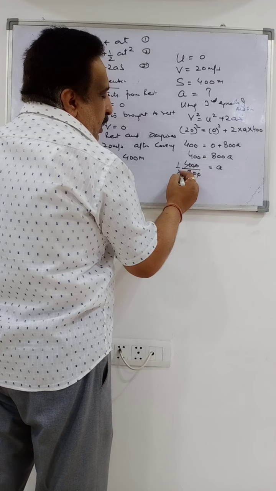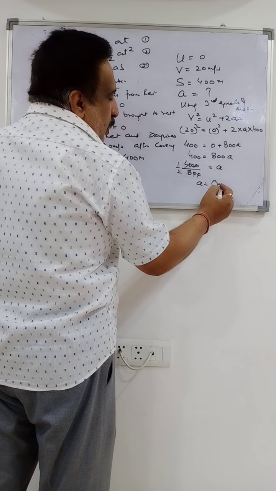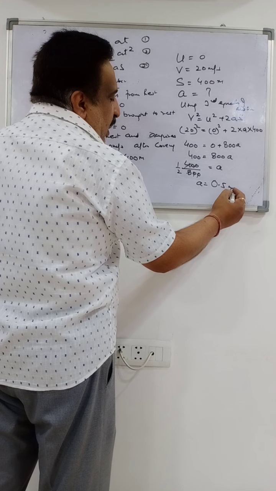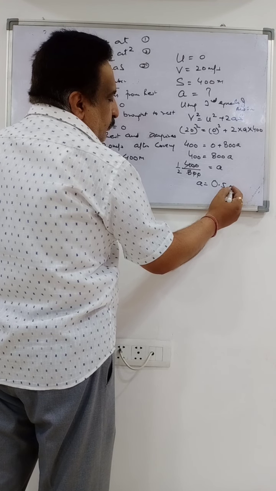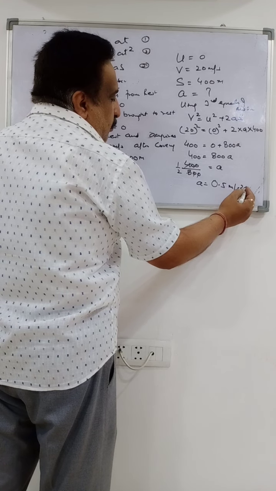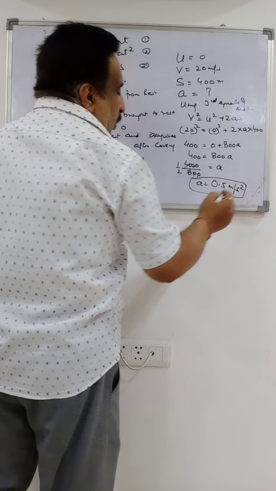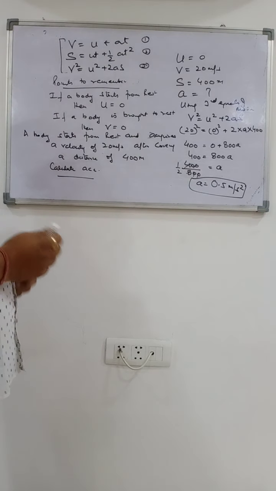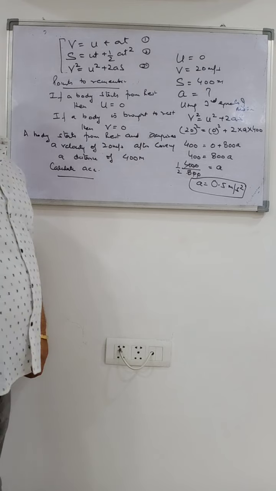That is 1 by 2, and a is equal to 0.5 meter per second square.